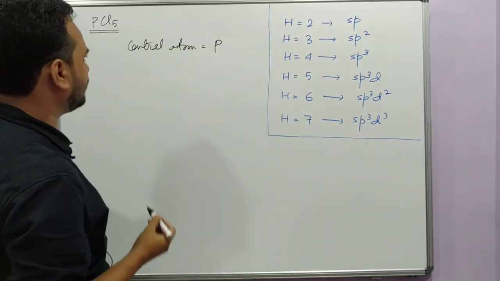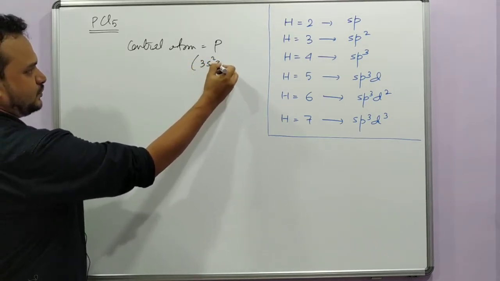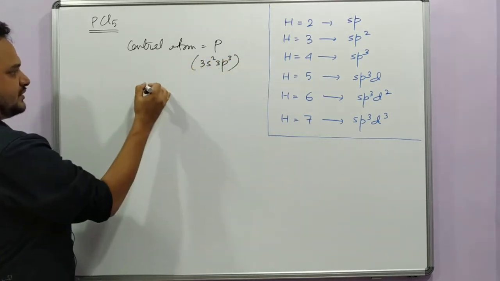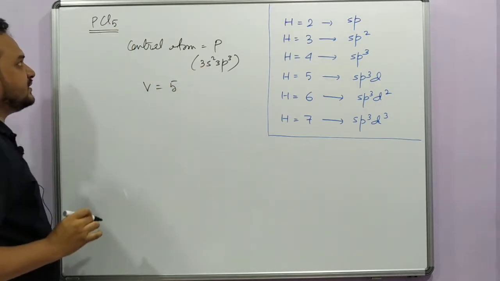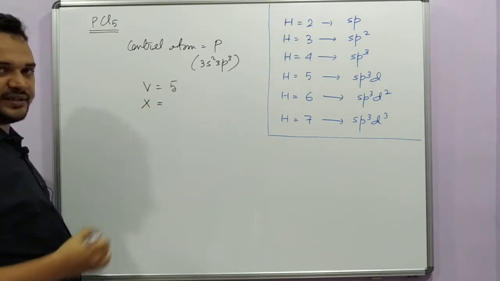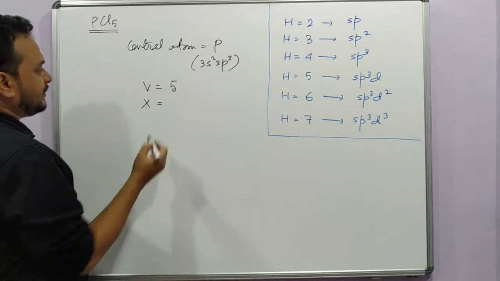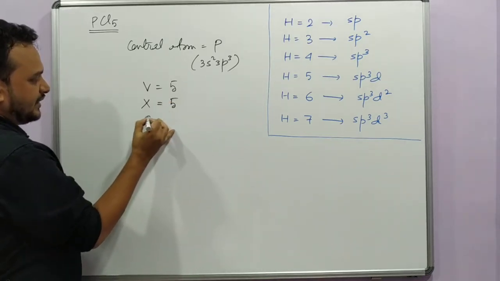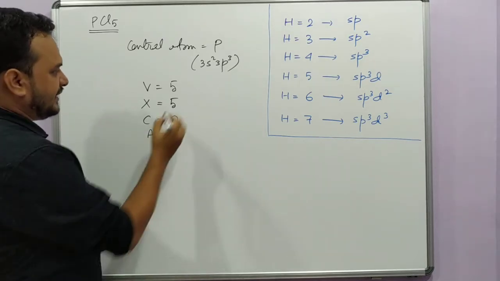It is just below nitrogen and the valence shell electronic configuration is 3s2 3p3. So the number of valence electrons is 5, and then the number of monovalent terminal atoms: chlorine is again monovalent, there are 5 chlorines, so X is again 5. It is a neutral molecule, so both C and A are 0.